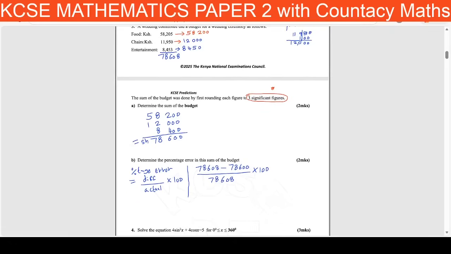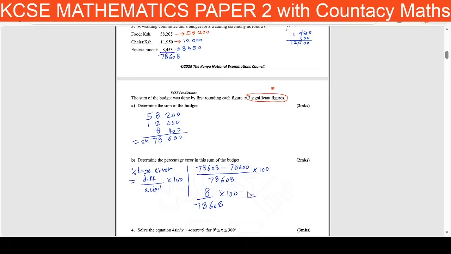Let's go ahead and simplify that. What we have here is 78,608 minus 78,600. That's going to give you 8 divided by 78,608, and then we multiply that by 100. This is something you can work out quickly with your calculator.